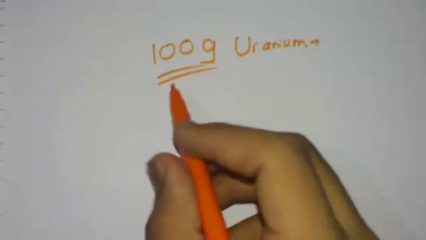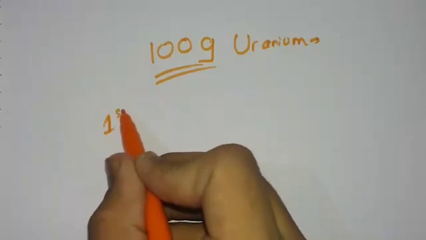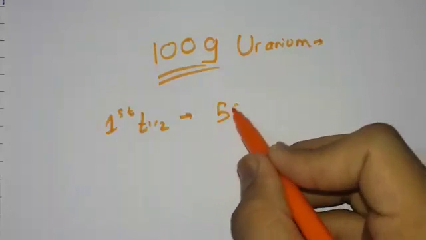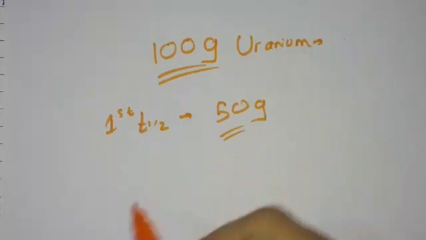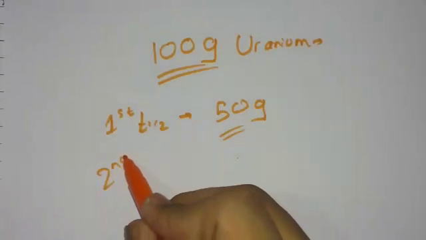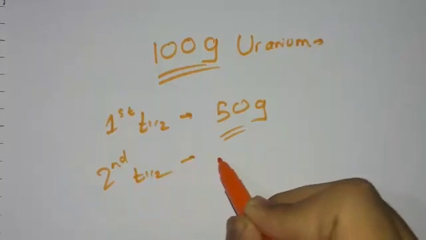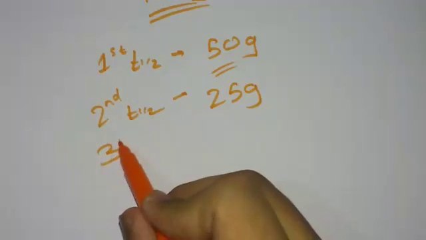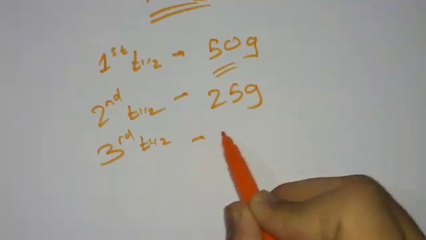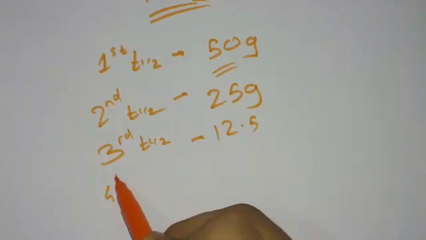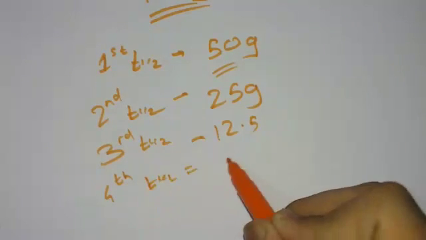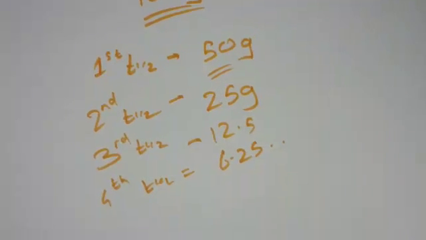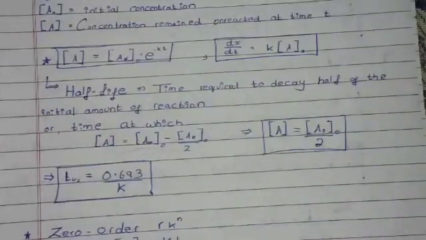After the first half-life, I get 50 grams of uranium, that means 50 grams got decayed. After the second half-life, we get 25 grams. After the third half-life, we get 12.5. After the fourth half-life, we get 6.25, and so on. That's nothing but the half-life.